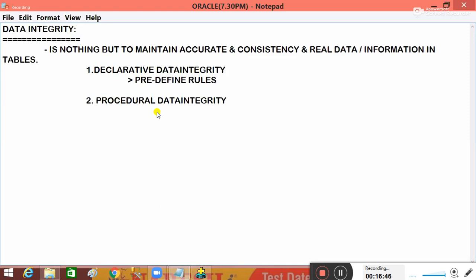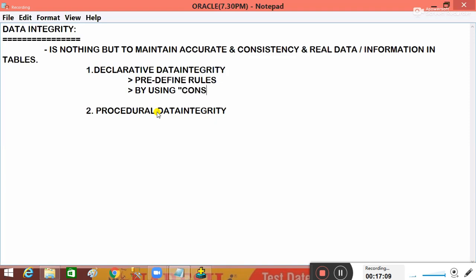I don't want to write any code, any logic, or any program. Already some predefined keys are there, so with the help of those predefined keys, I can implement this integrity mechanism. These predefined rules are implemented by using a concept called constraints, and constraints is one of the topics from the SQL language.